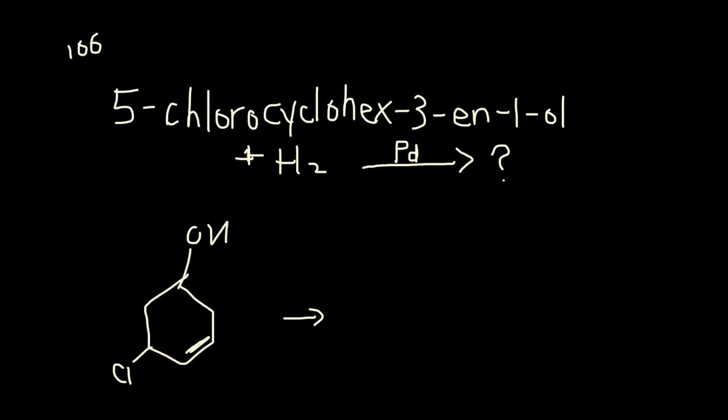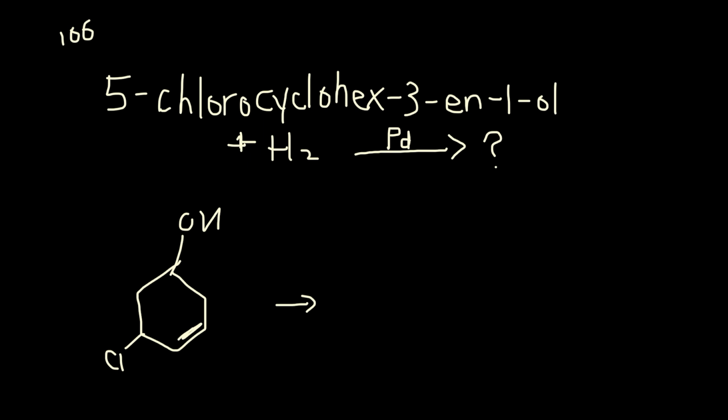The last example problem is if you react this molecule with hydrogen and a catalyst, what will you get? The tricky thing about this is you might think, okay, well, I'm adding hydrogen to it, so the alkene is going to become an alkane, so I'm just going to say the same thing except change the ene to hexane. Incorrect.